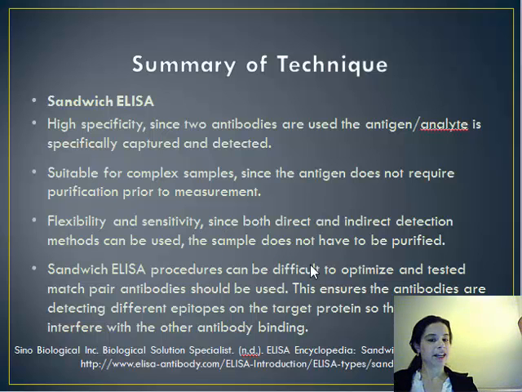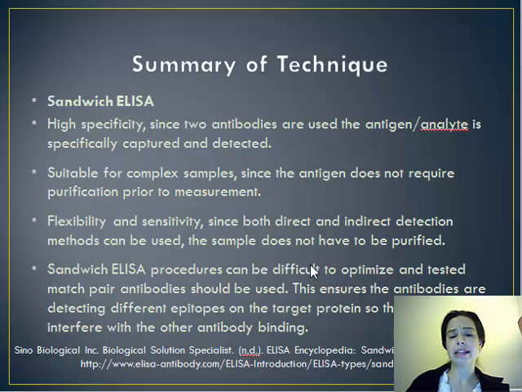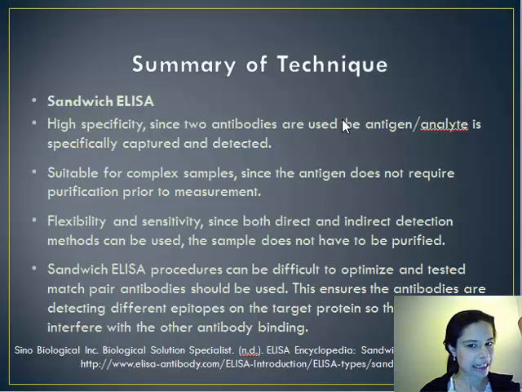So, summary of the technique. A sandwich ELISA is going to have high level specificity because you have 2 antibodies involved in your antigen antibody pair for capture and detection. It's going to be suitable for complex samples since your antigen does not require any purification, whereas if you had a direct or indirect technique, you might need more sample prep before you could do your analysis.